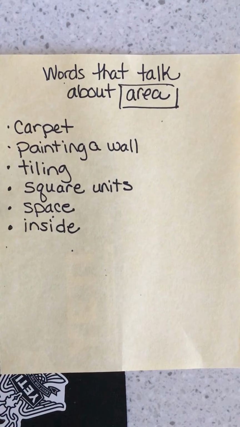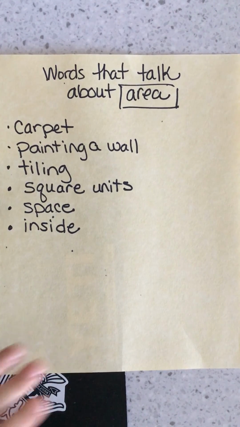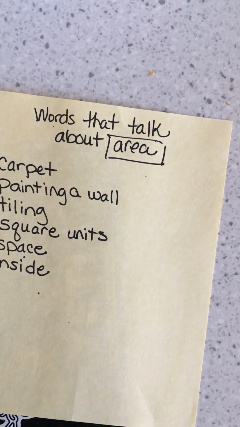Sometimes they say how many square units. Well, when they say square units, obviously they're talking about squares and some size that they're going to use. If they're talking about space or inside, these are some words that will help you when you're reading the problem. Think about it and say, is it asking me area or is it asking me perimeter? So I hope this helped. Thank you.